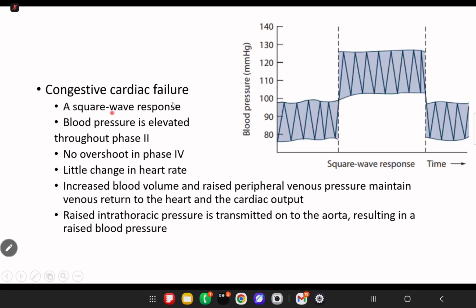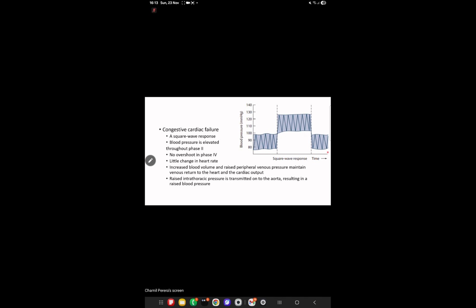If you have congestive cardiac failure, you have what's called a square wave response. So what happens here is basically your blood pressure remains elevated throughout phase 2. Okay. And then in phase 4, there is no overshoot. There's very little change in heart rate because you are now fluid overloaded.